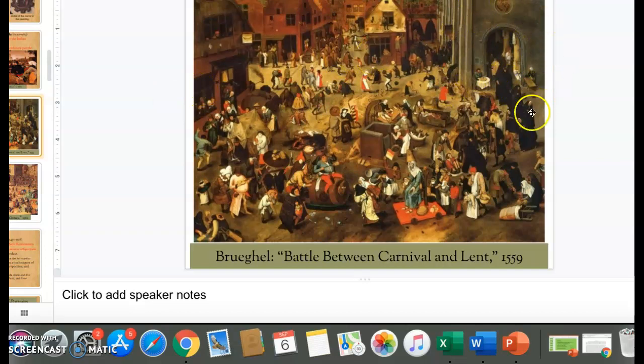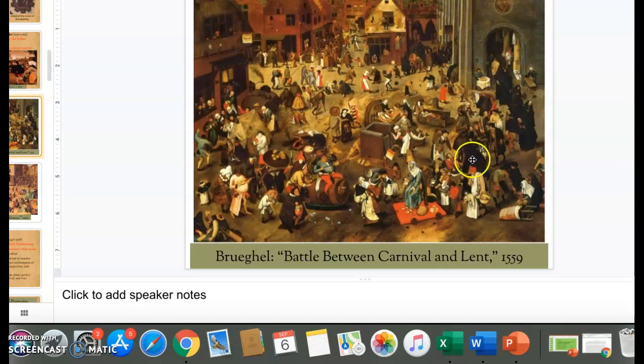Versus over here on the right side of the painting, this is representing a church. I don't know if you can tell, but these are nuns coming out of the church. So that is going to represent Lent. So we clearly see a battle between Carnival and Lent.